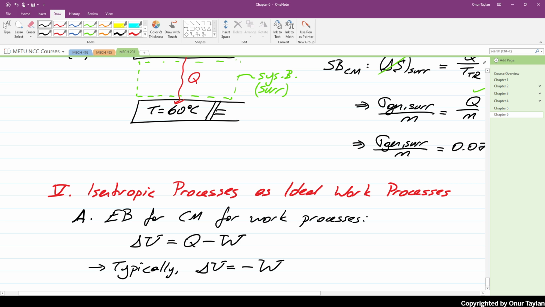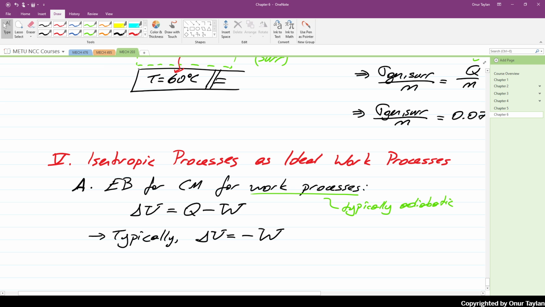So this work process is typically an adiabatic process. The only part we are interested in is the work. This is what it means by the work process. So this work is in magnitude much greater than the heat.